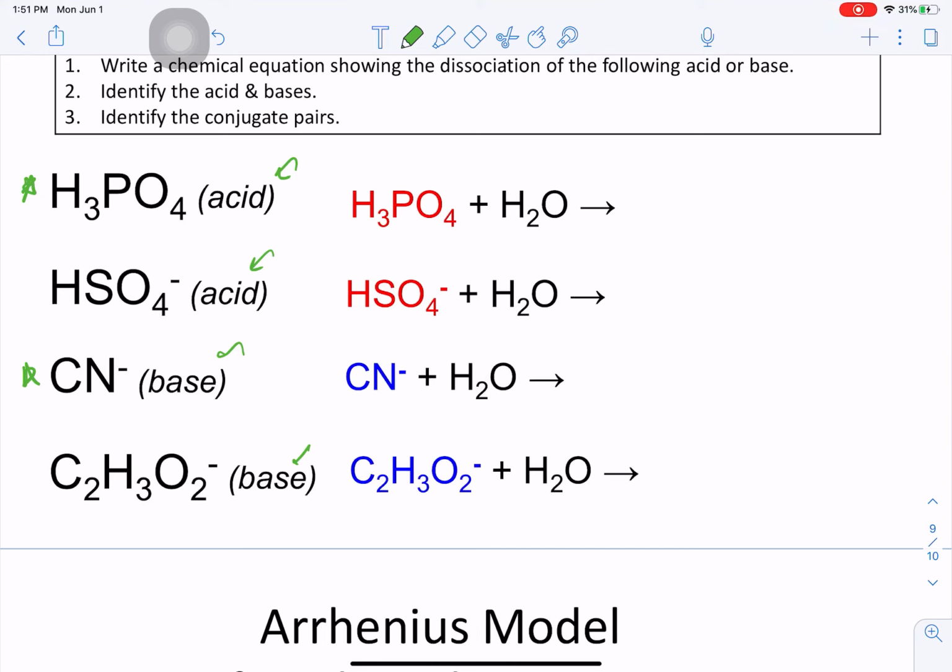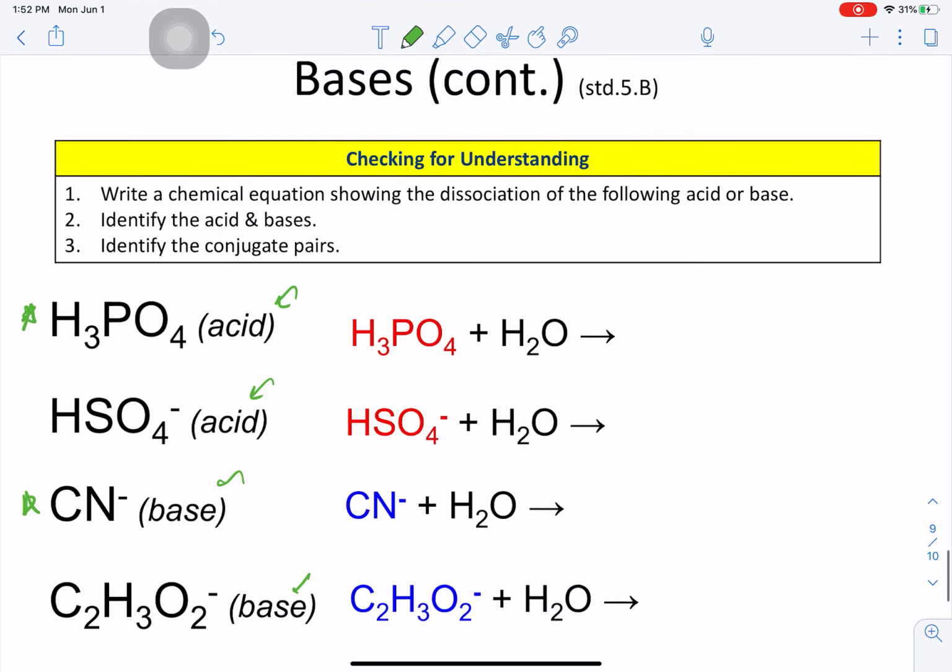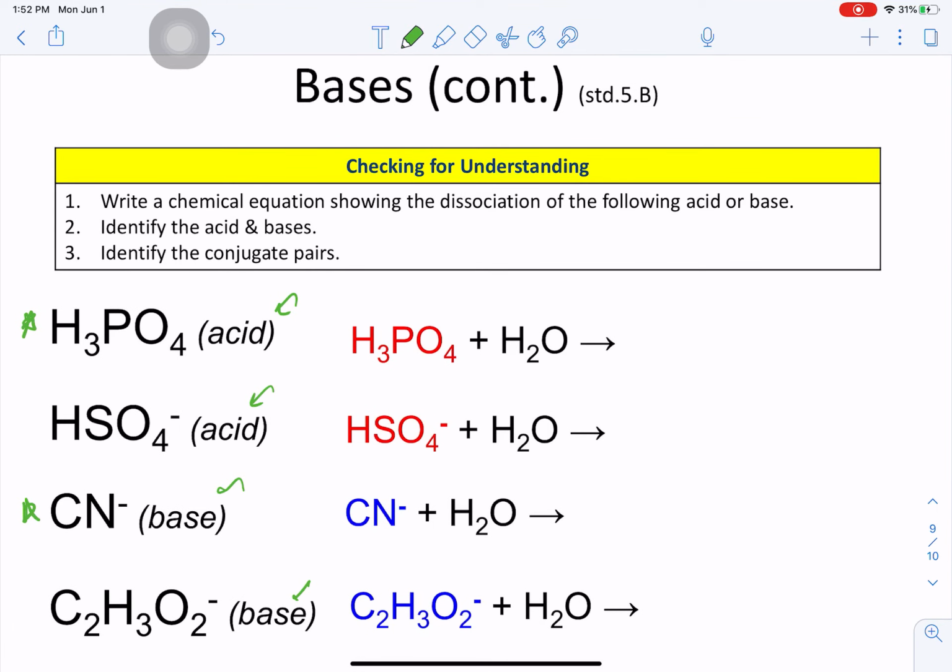Okay, so we're saying that H3PO4 is an acid. How will you be able to write this dissociation equation? Well, let's identify the acids and bases. In this case, this is the acid, this is the base. So the acid's going to donate, show your arrows, an H plus to the water.